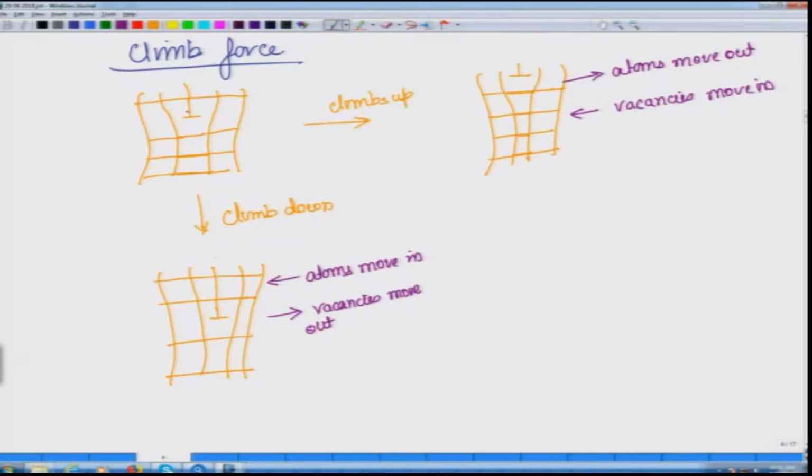Because of this there is a squeezing action or expanding action which is causing the dislocation to move up or down. What you realize is that in this particular case, a lot of movement of not only the atoms takes place, but also of vacancies, and therefore most of the time this climb process is thermally governed, because when you change the temperature, vacancy concentration will increase.